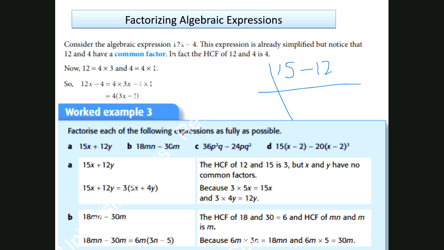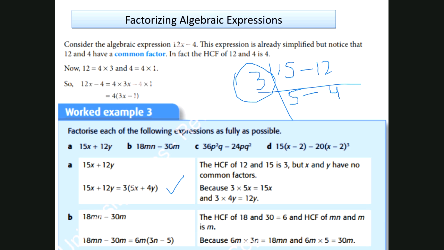That is 3. So now 3 fives are 15 and 3 fours are 12. There is no number which can divide 5 and 4, so 3 is the highest common factor. So as I have shown, divided by 3, 5x will remain, divided by 3, 4y will remain. So these are the factors.